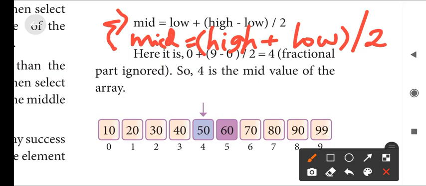Mid equal to, inside the bracket, high plus low divided by 2. It gives the same result as the previous formula, mid equal to low plus (high minus low) divided by 2. Instead of that formula, in our textbook, this one is very easy: mid equal to (high plus low) divided by 2. It gives the same answer and it is very easy to calculate.